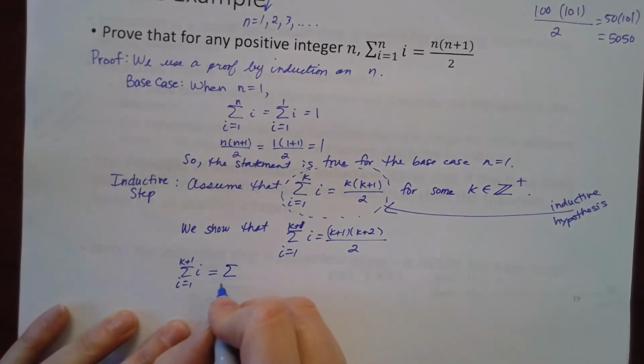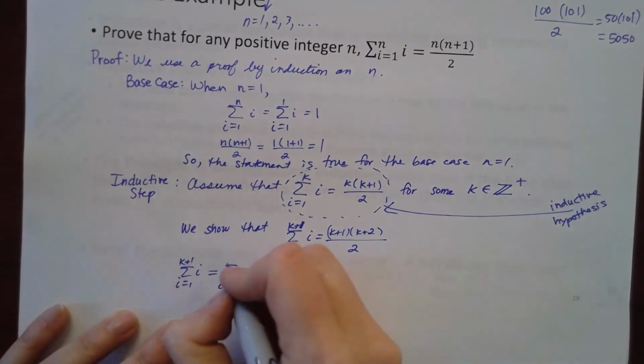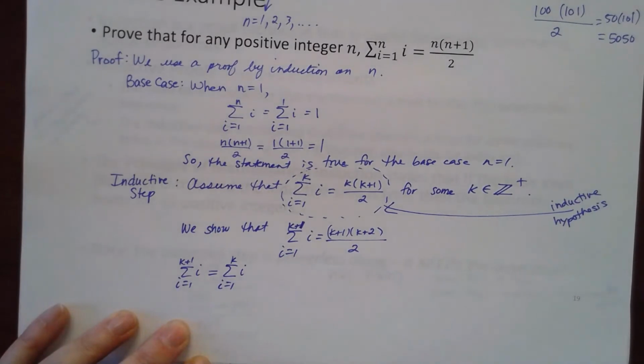So I'm going to rewrite this as i equals 1, and I'm going to stop at k. Well, that's not the whole summation, so I've got to add on the last term that I'm missing from this one, which is when i was k plus 1. I would substitute that into this expression, so I would have to add on an extra k plus 1.